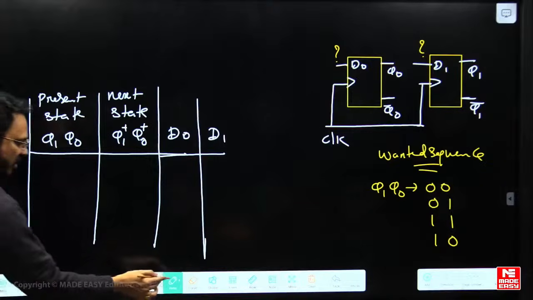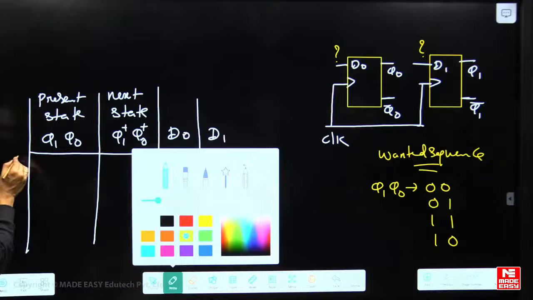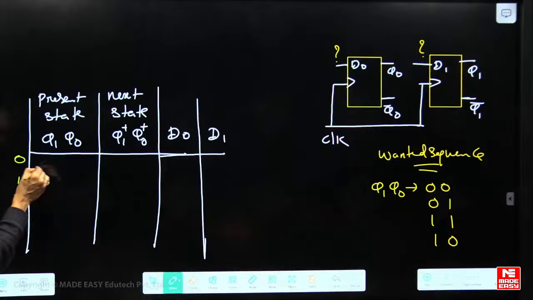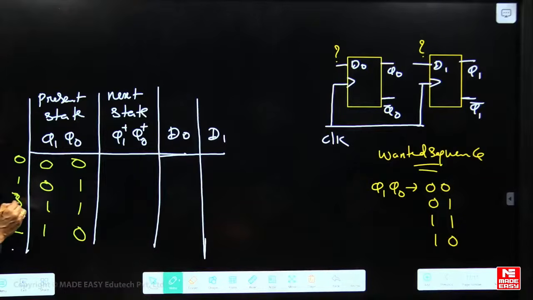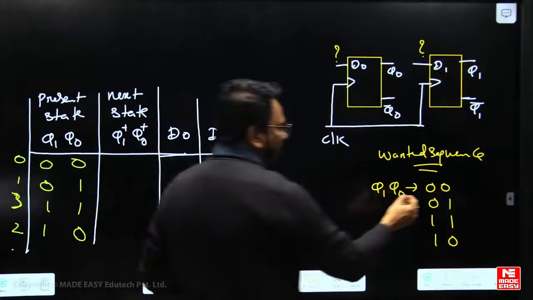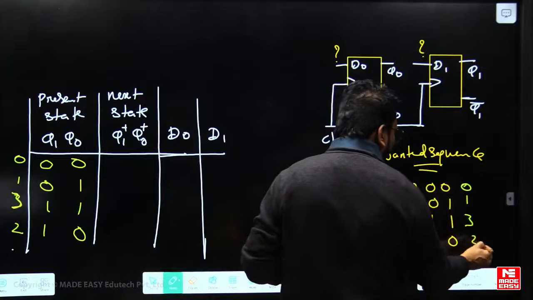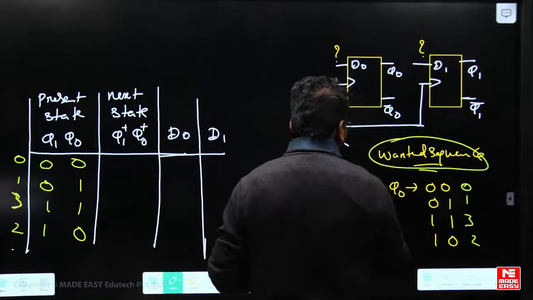The given sequence is 0, 1, 3, 2, that is 0, 0, 0, 1, 1, 1, 1, 0. Sir, why 3, 2 you took? They gave it like that only, no? This is 0, this is 1, this is 3, this is 2. This is the wanted given sequence.